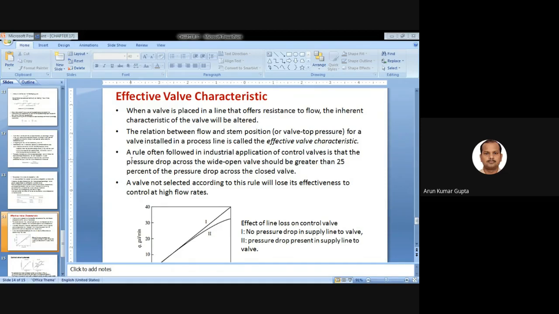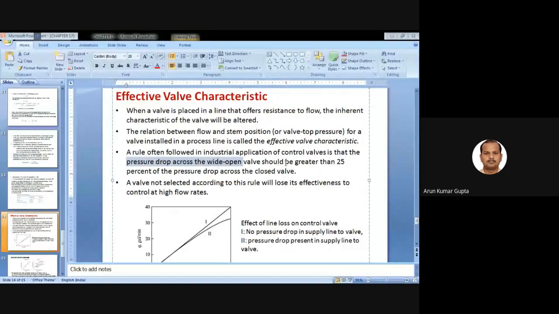So this is an important point. This is basically a design point of view, that the pressure drop across the wide open valve should be greater than 25% of the pressure drop across the closed valve. Whatever the open valve, even if there is no flow, there is a difference in the pressure drop.